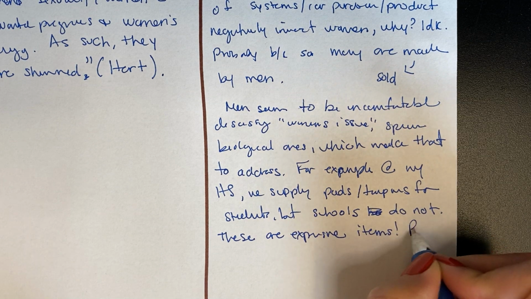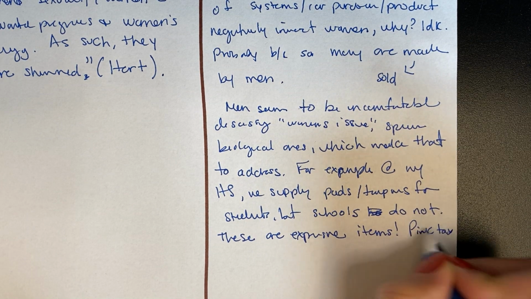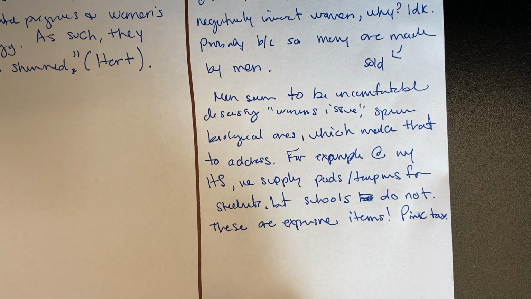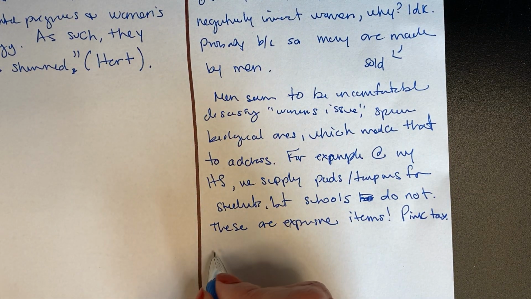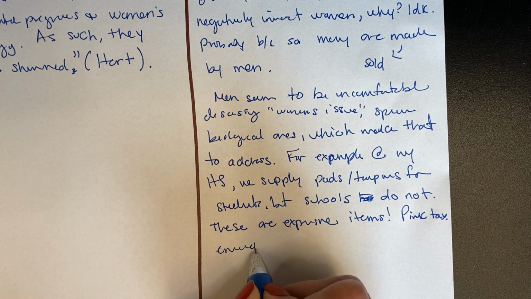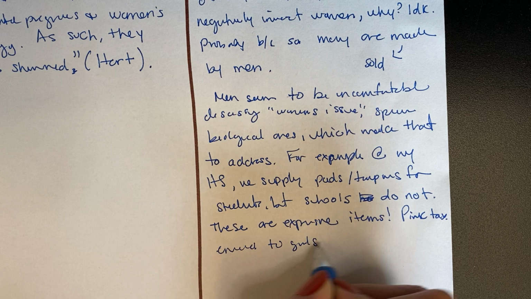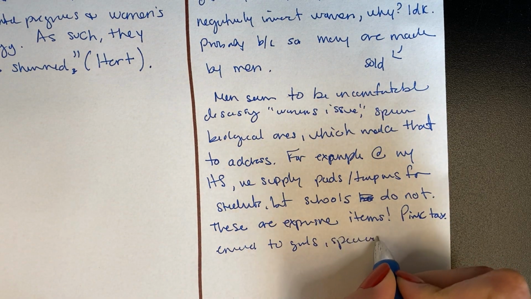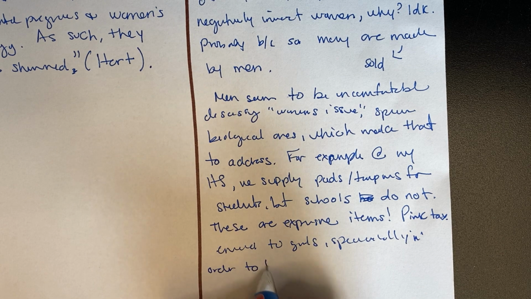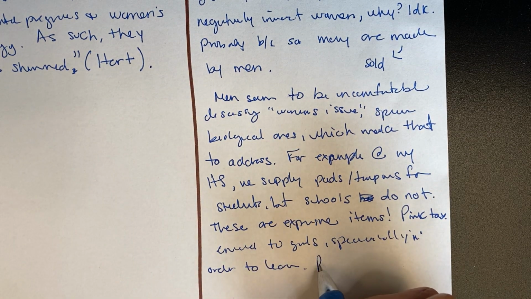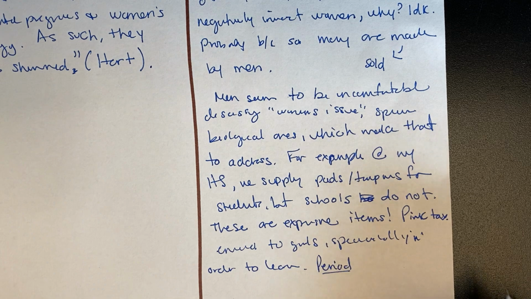It's called the pink tax, if you've heard that. It's the fact that you kind of have to buy something like pads or tampons, or you have to have some sort of medical coverage to do something like a Depo shot, where you wouldn't have your period perhaps. And they're crucial to girls specifically in order to learn. I watched Period, which is a documentary on Netflix.